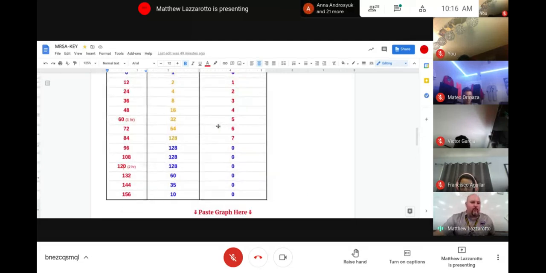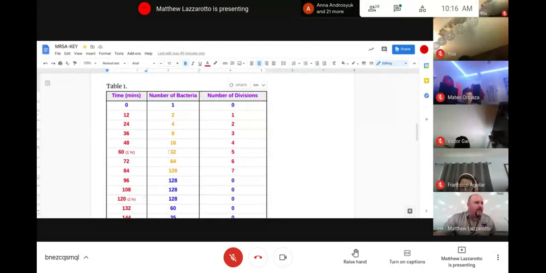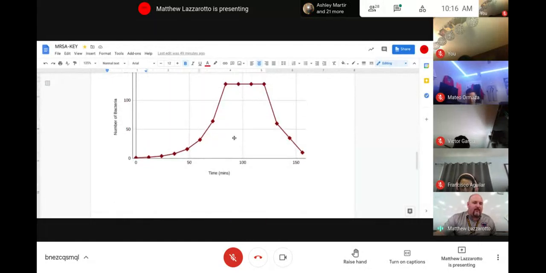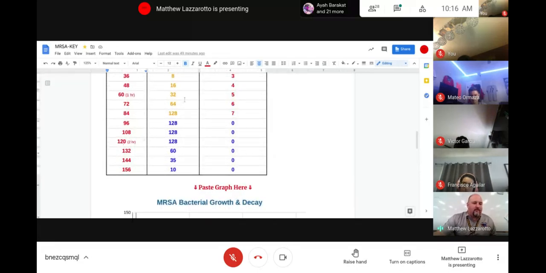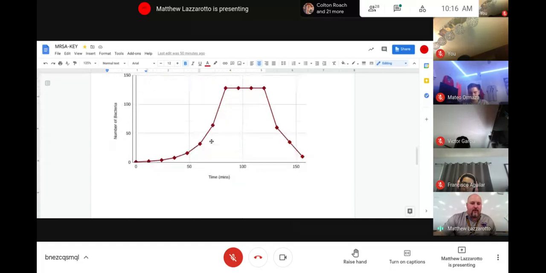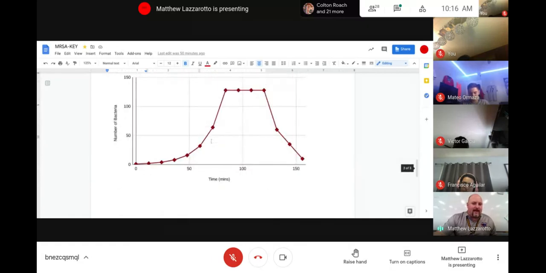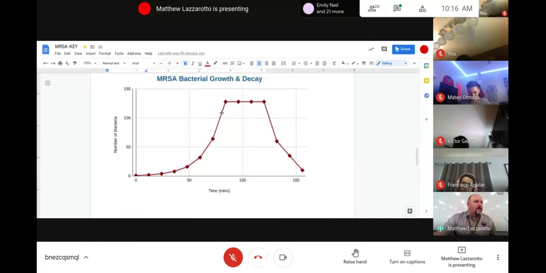So if your numbers were wrong up here, then you're going to have something that looks a little bit different than this, right? There were a couple of people who did some crazy calculations here and got things wrong. Again, it's not going to be a huge issue. Yeah, you'll get some points off, but it's not going to be that big of a deal. The overall picture here should look like this, though.